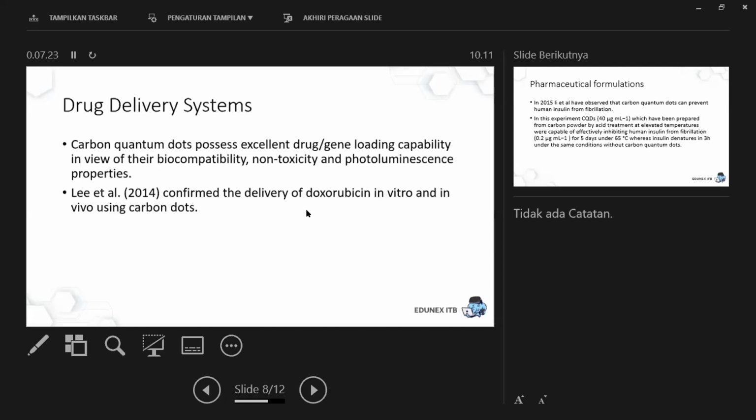In 2014, Lee et al. confirmed the delivery of doxorubicin in vitro and in vivo using carbon dots. Doxorubicin was loaded on the carbon dots via electrostatic interaction with 95% loading efficiency and induced death of cancer cells as well as tumor in mice.